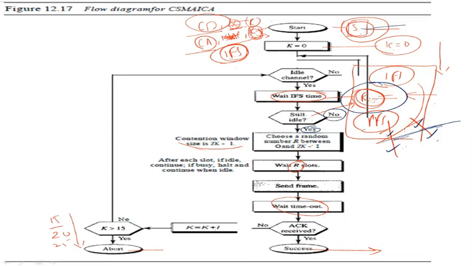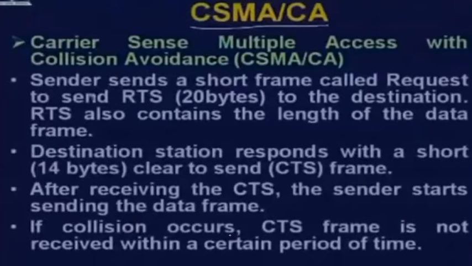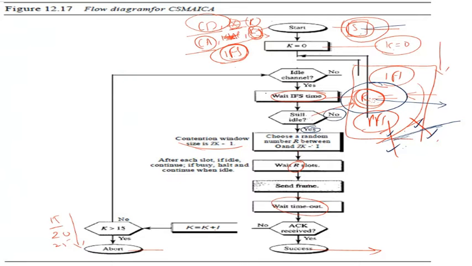Now the scenario we are discussing is: if this receiver is receiving data from multiple stations, how is IFS going to be maintained? There is no collision here, but when data comes from multiple stations in a wireless networking environment, if such a problem arises, it is handled in two ways.